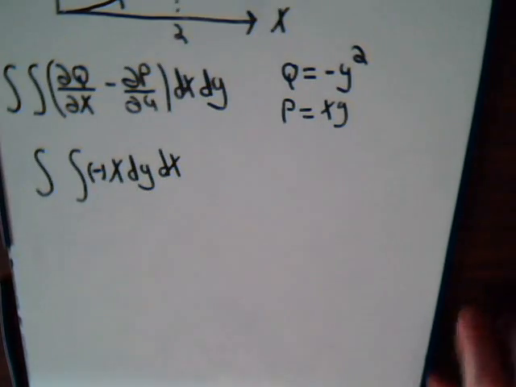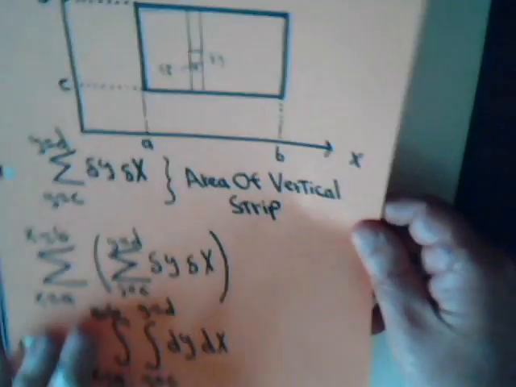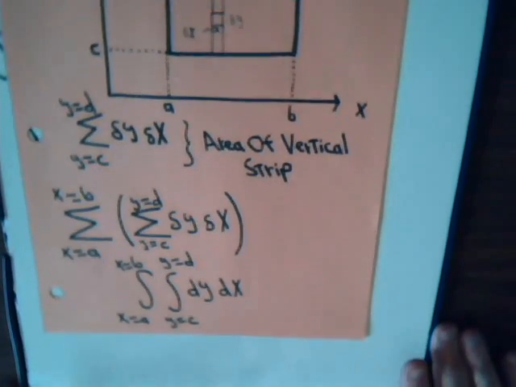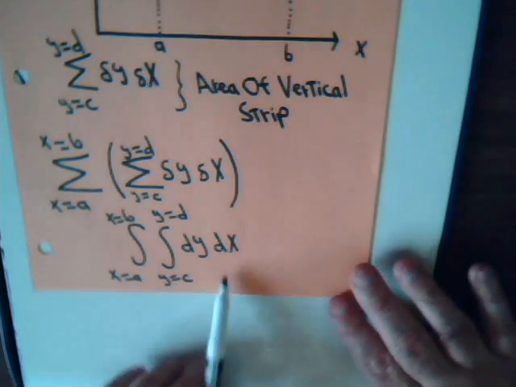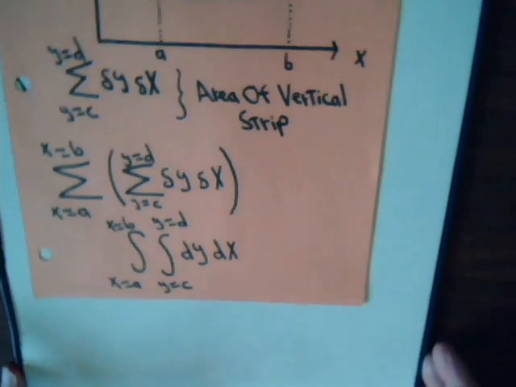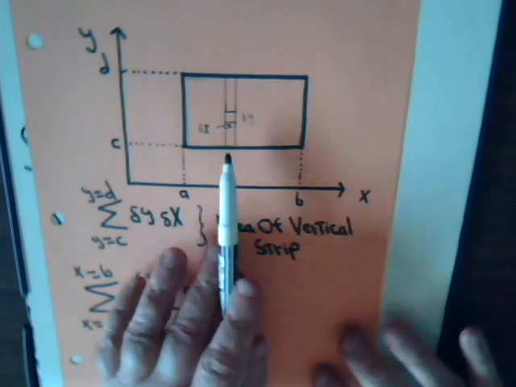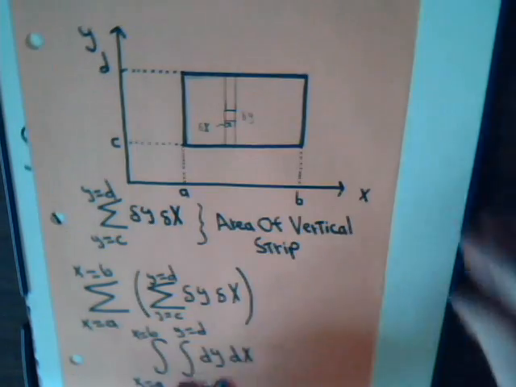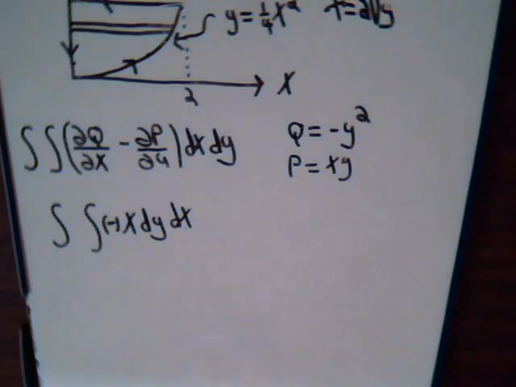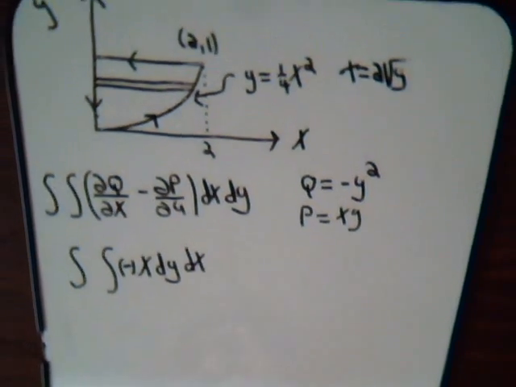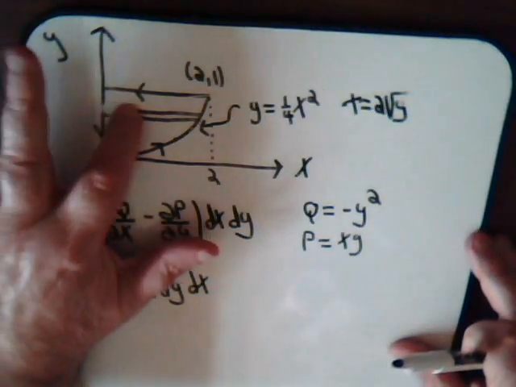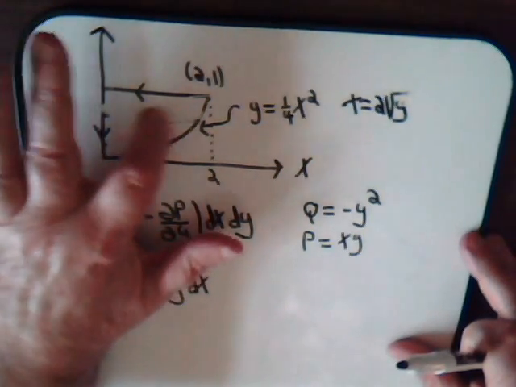And remember from 2 videos ago, when your double integral is in this form, now we're dealing with vertical strips. So we have to think differently.